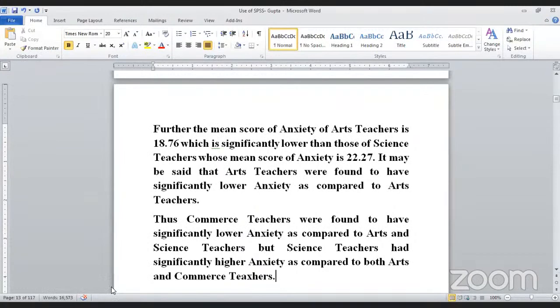Now this becomes your finding. If you have to write your finding, this is your finding. So this is how you have to write the interpretation.